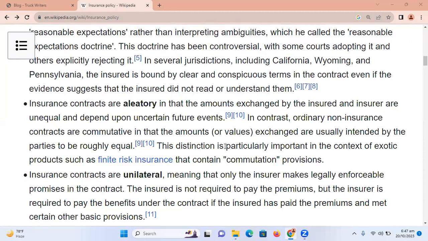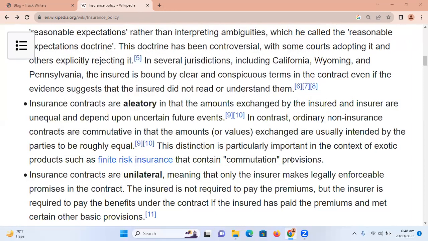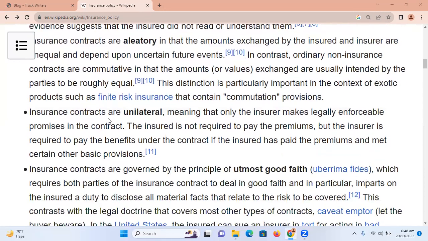This distinction is particularly important in the context of certain products such as finite risk insurance that contain commutative provisions. Insurance contracts are also unilateral, meaning that only the insurer makes legally enforceable promises in the contract. The insured is not required to pay the premiums, but the insurer is required to pay the benefits under the contract if the insured has paid the premiums and met certain other basic provisions.